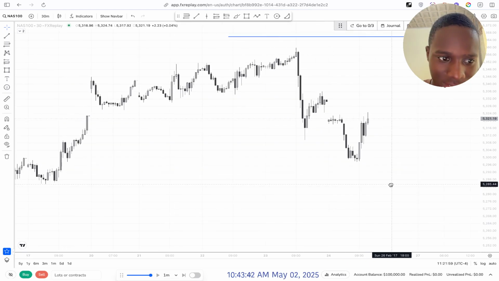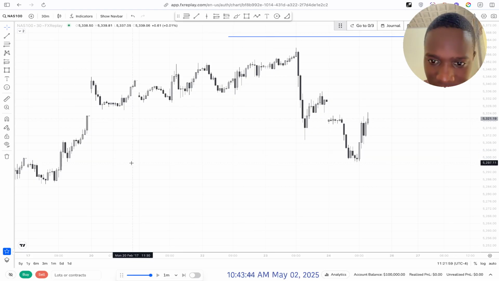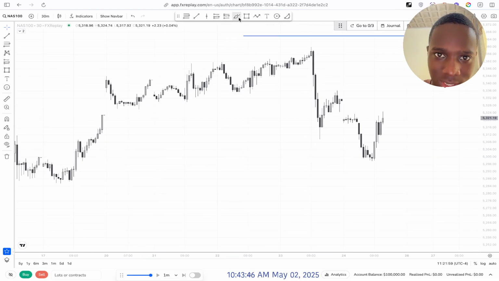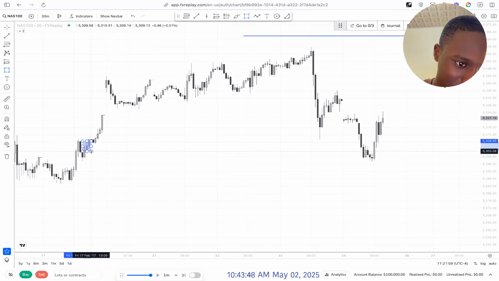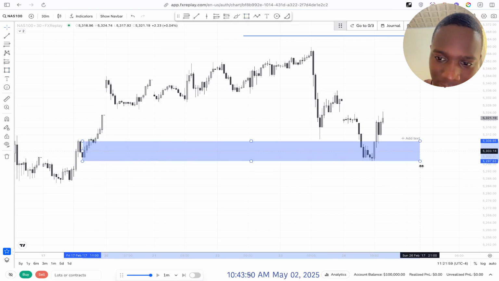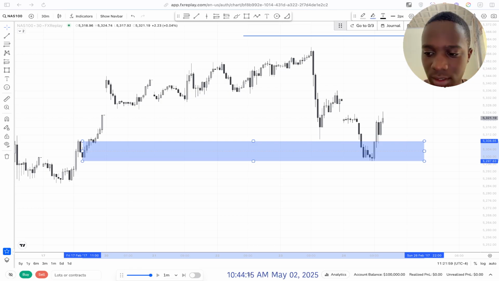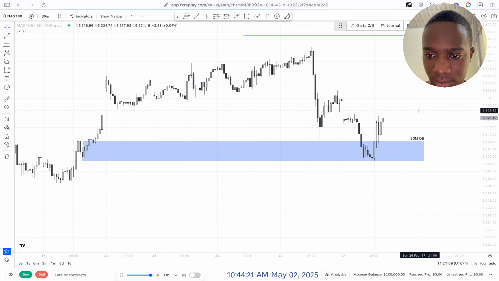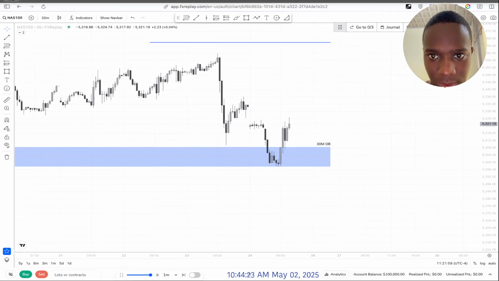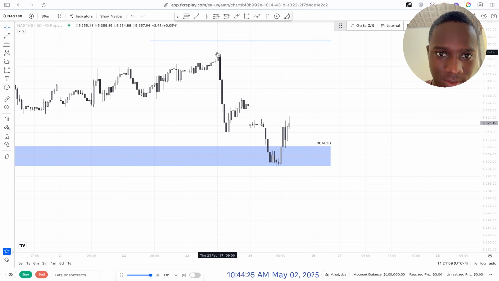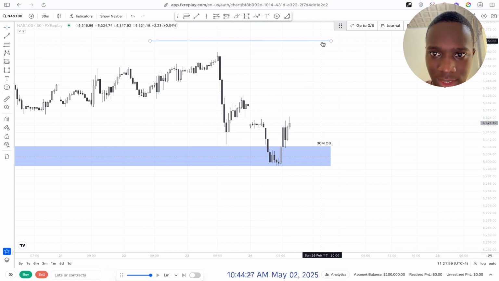Okay, that's nice. And we can see that this was also this precise order block which the market reacted to, this one right here. Okay, so after reacting to this 30-minute OB, we can expect the market to push prices higher, take out this buy side liquidity right here, and maybe reach the standard deviation 2 level.